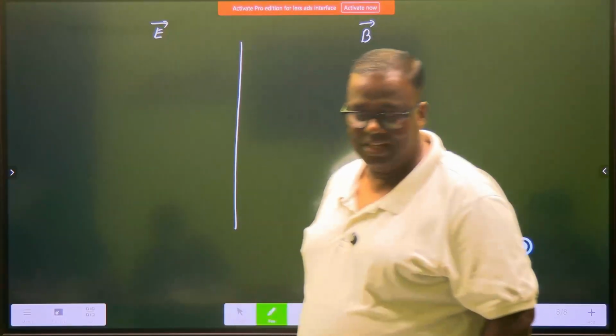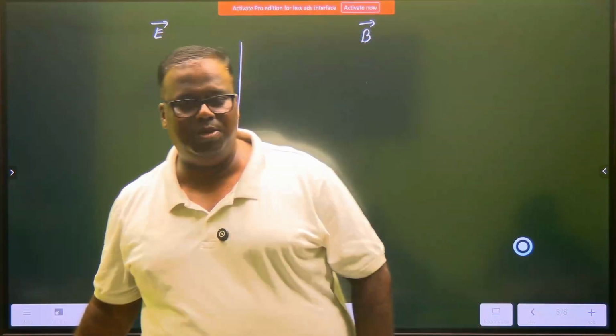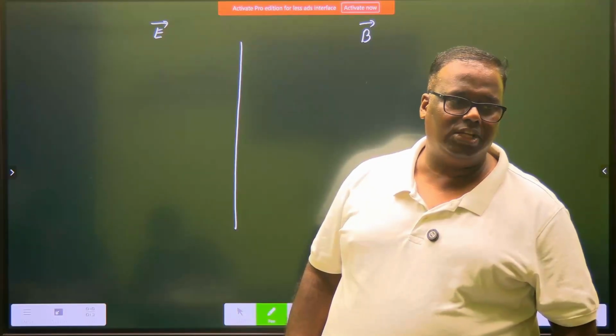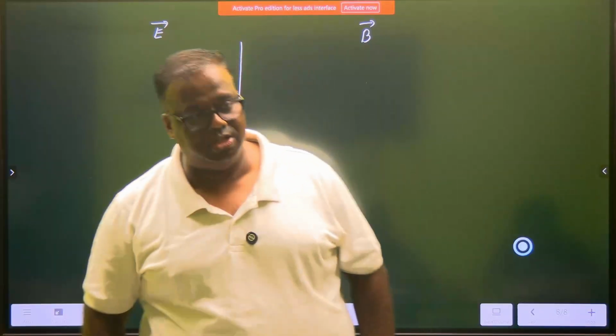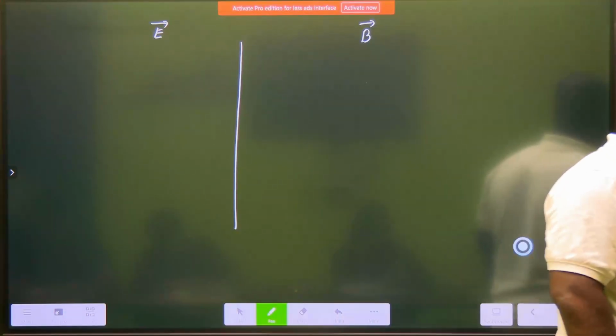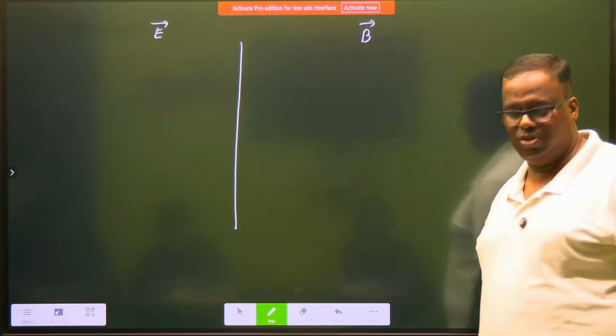Okay, done. Then you can write the symbols. One is E, one is B. Already you have written. So you can write the third point. Third point on the left will be: acts on any charge. So please understand, positive, negative, moving, stationary, the electric field is always going to act on a charge.